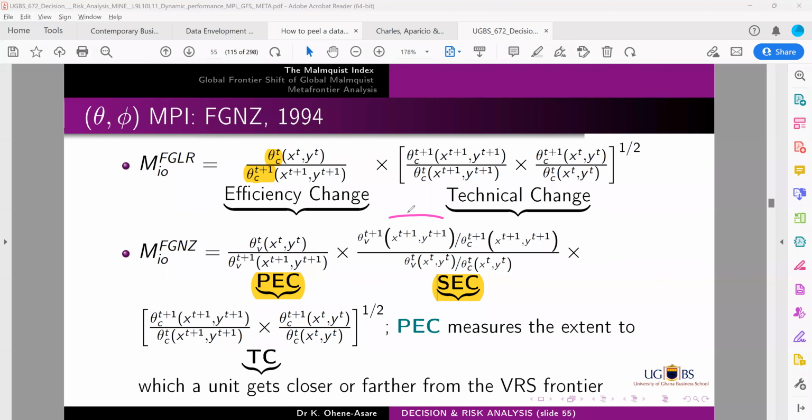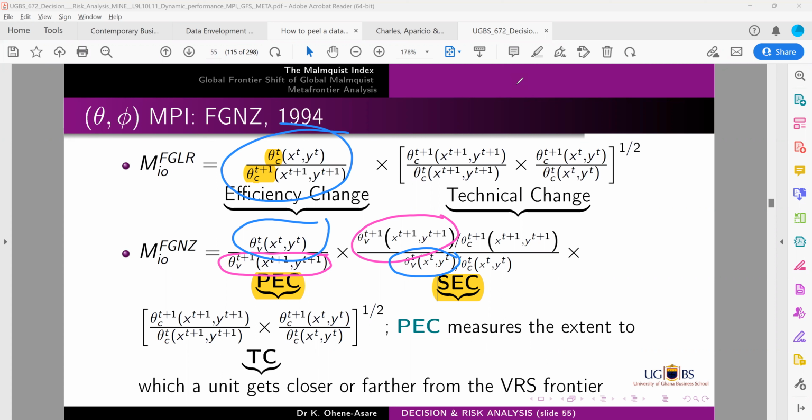This very one here is going to cancel the denominator that you see here because they are the same. That is if you multiply the 2. And again, if you multiply the 2, the numerator there, which is under VRS, no longer CRS, will cancel the denominator here, which is under VRS. And we'll get back what you have at the top here.